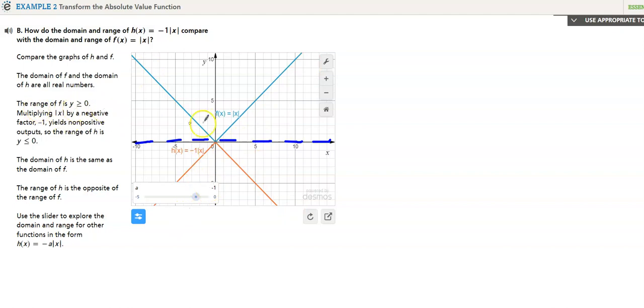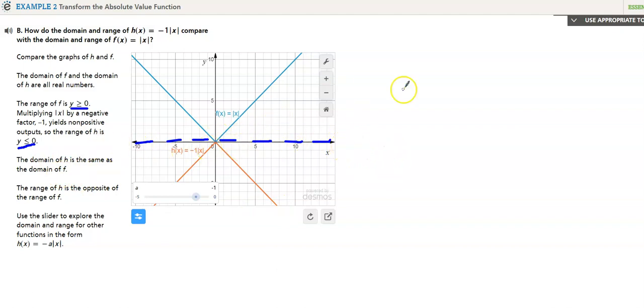The range of f has to be greater than or equal to 0 because it's above the 0, my y value. But the range of h has to be less than or equal to 0 because we're going down. The domain of h and f are the same because our x's are going the same direction, right?